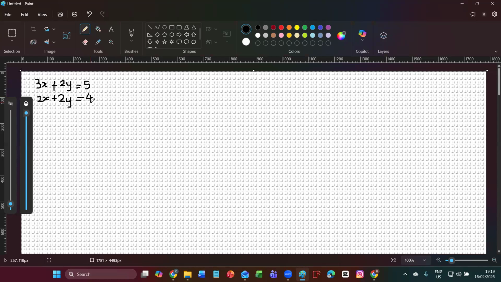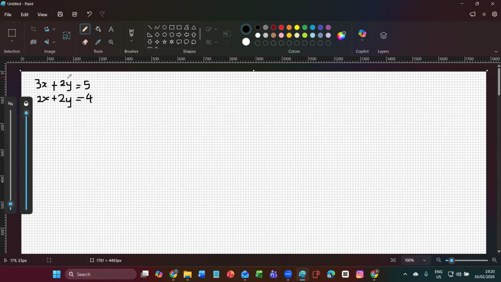Okay, so the idea behind this, like I said, is to eliminate one and find the other. And then when we have found the other one, we can use it to find the one that we eliminated. So when you're eliminating, the first thing you need to be sure about is the number in front of the one that you want to eliminate.